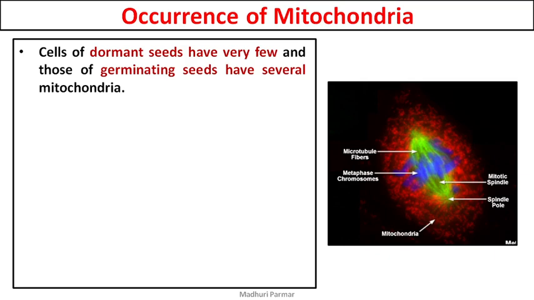These dormant seeds which are not actively growing right now have very few mitochondria, and those of germinating seeds have several mitochondria, because germinating seeds have to synthesize many structures and divide a lot of times to form nice roots, nice leaves, to become a proper sapling. So germinating seeds will have several mitochondria present inside their cells.